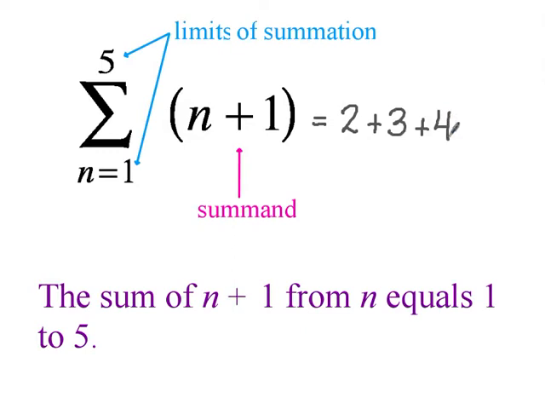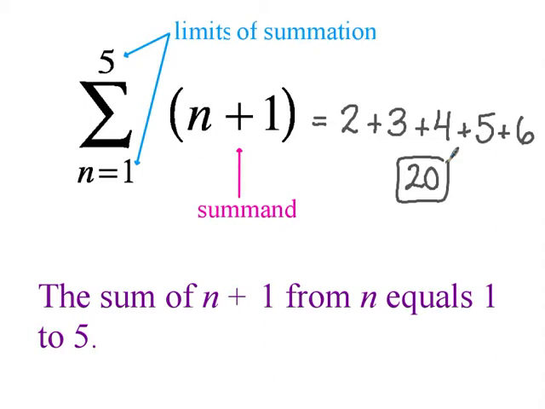Then I plug in 4, and I get 5. Then I plug in 5, and I get 6. And that's where I stop. Sigma notation means a sum, so I could add all these up, and I get the number to be 20. That is what sigma notation is, and that's a scaled down example.